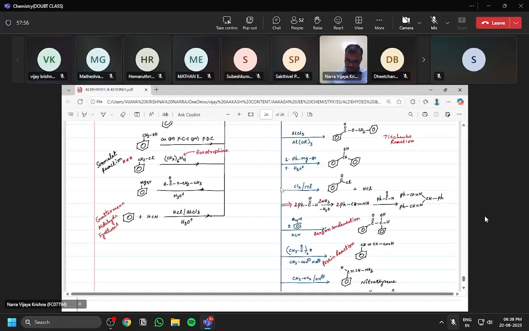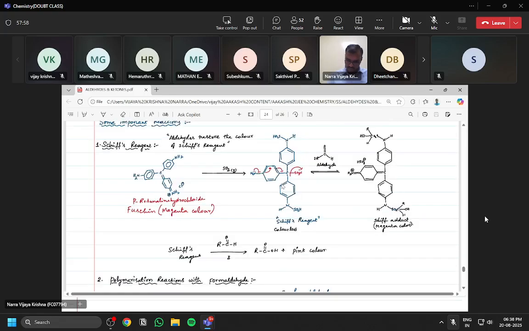Here, para-rosaniline hydrochloride, which is magenta in color. In presence of sulfur dioxide it becomes colorless. We call this Schiff's reagent. When this reagent is allowed to react with aldehydes, generally ketones don't show it, the color is restored.